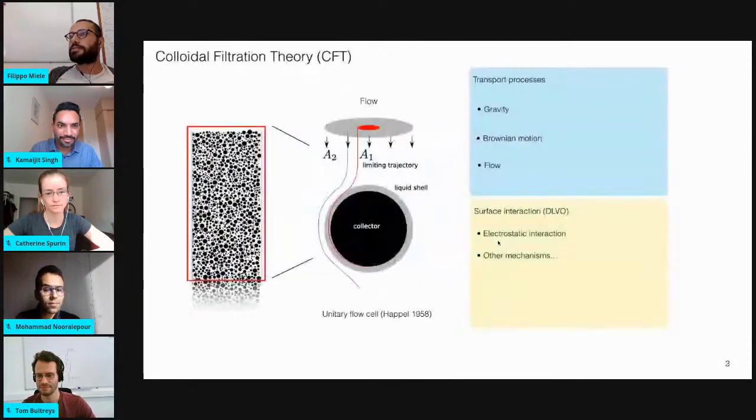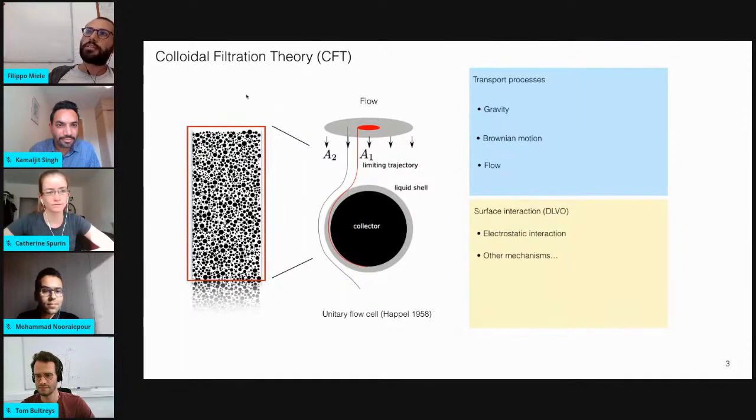Now, the most successful attempt to describe filtration by coupling reaction and transport is represented by the Happel sphere model, which tells you that given a certain representative portion of your porous media, you can model it with a single sphere and a liquid envelope.